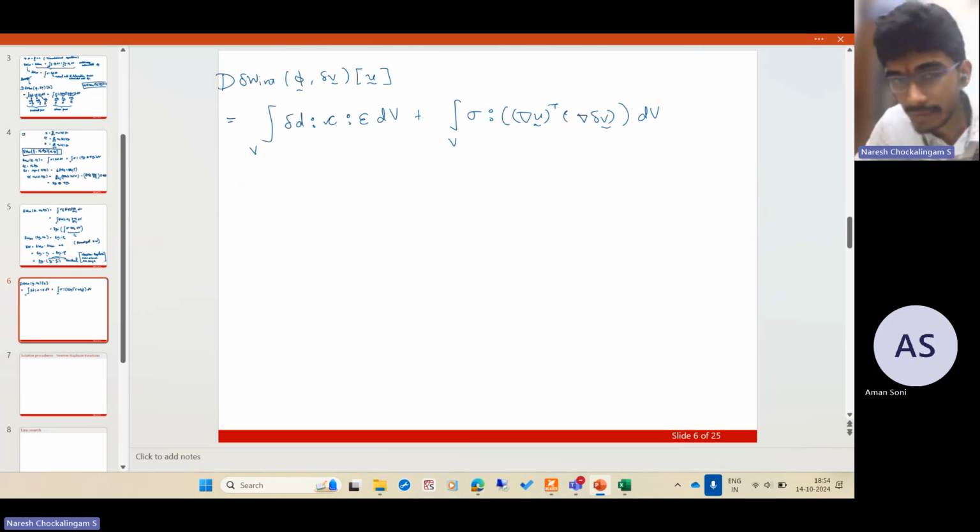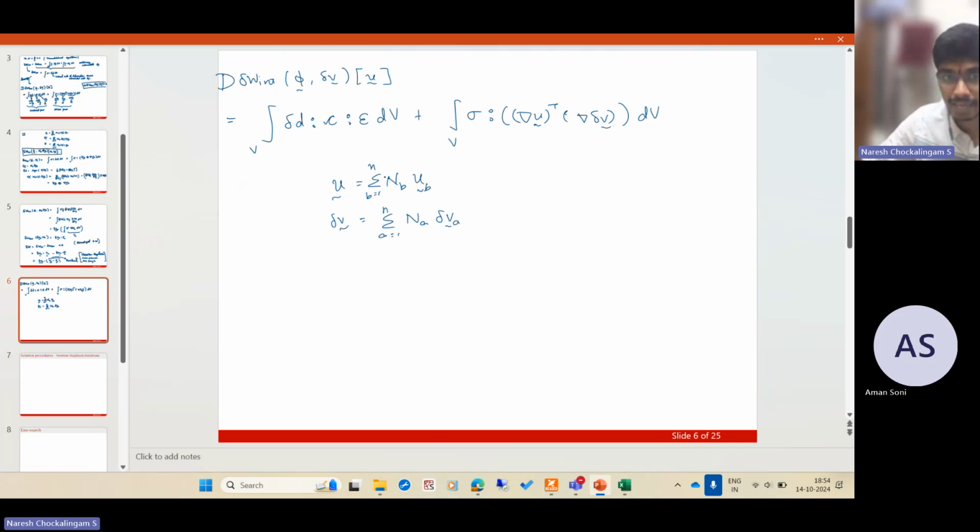Then when we linearize, again, we have to discretize it. So we have U discretized as summation NB UB, with B going from 1 to the number of nodes. Del V is discretized as summation A going from 1 to N, NA del VA. So NA and NB are scalars.